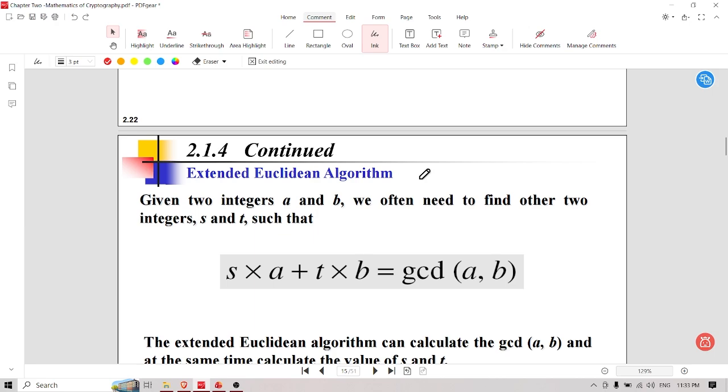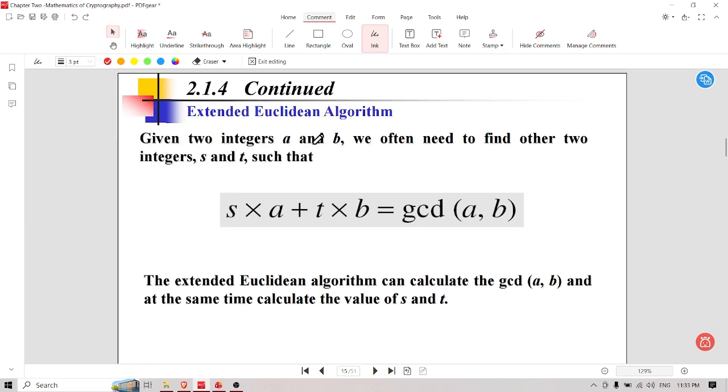Now, the extended Euclidean algorithm. We would say that given two integers a and b, we often need to find two other integers s and t, such that s multiplied by a plus t multiplied by b is equal to the GCD of a and b.